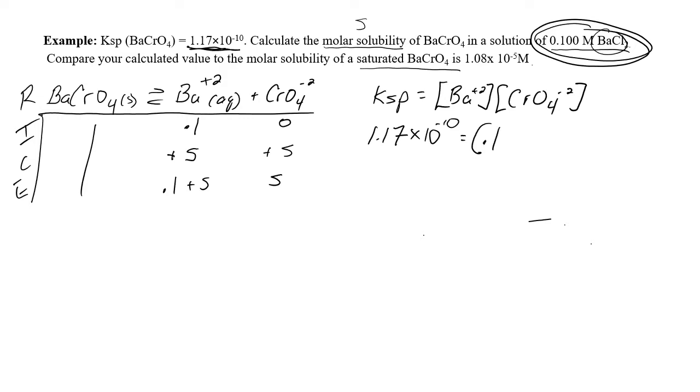We plug this in, we get 0.1 plus S times S. Now, because S is going to be very small compared to 0.1, we can assume that it's negligible and we're going to eliminate it. So let's rewrite this.